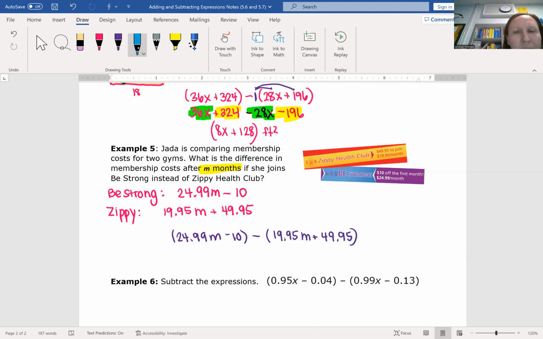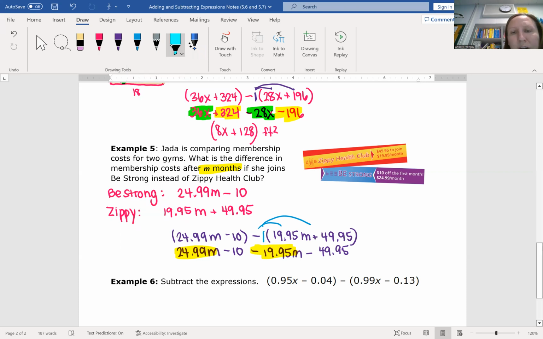Okay, but with that minus there, that does tell me I need to distribute that negative to both pieces. So it's $24.99M minus 10, that stays the same. Then minus $19.95M and also a negative $49.95. And now I can put together my M's.